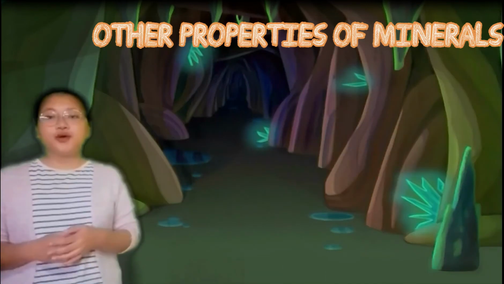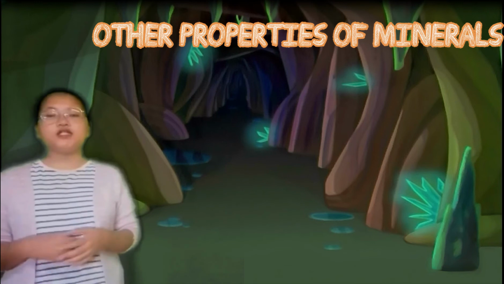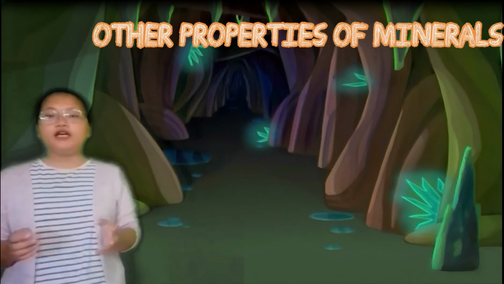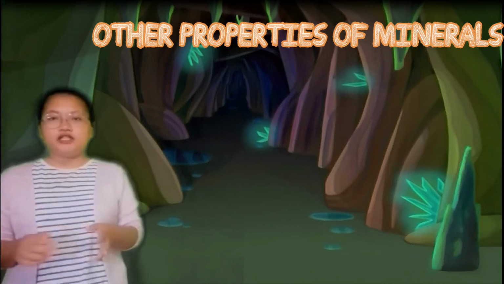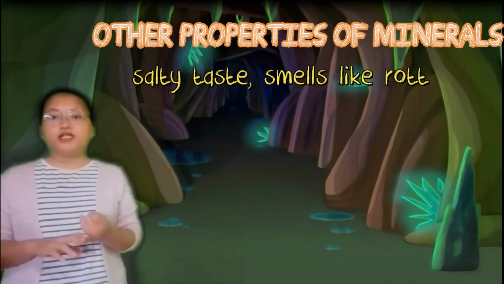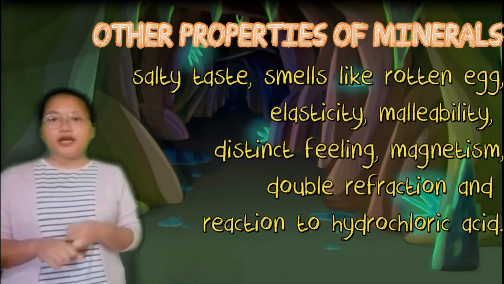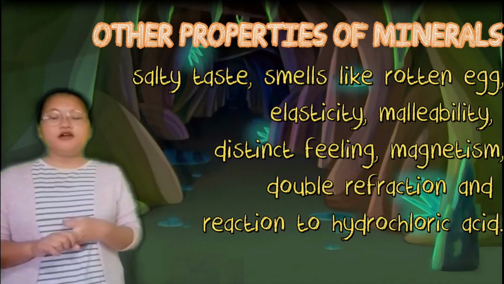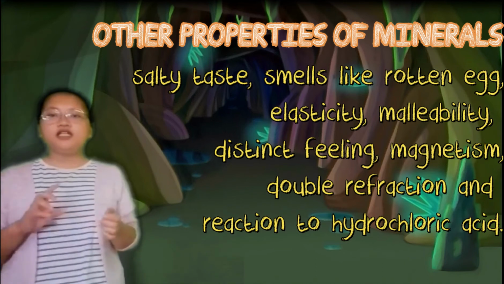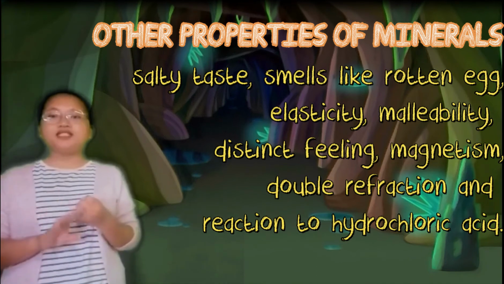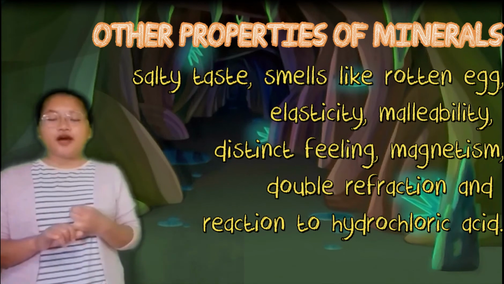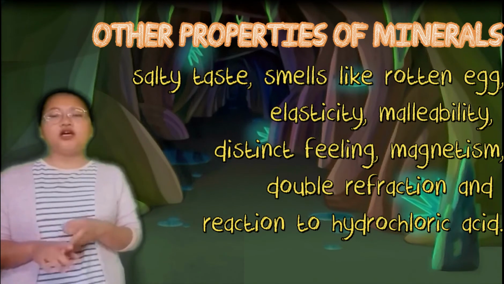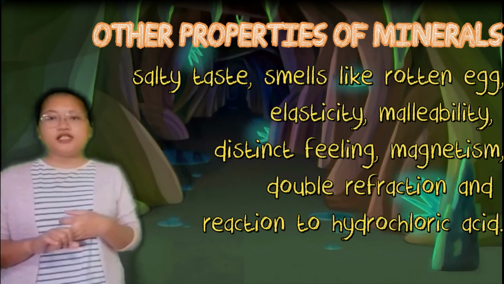There are other properties of minerals that you need to consider in identifying minerals, and those are salty taste, smell like rotten egg, elasticity, malleability, distinct feeling, magnetism, double refraction, and reaction to hydrochloric acid.